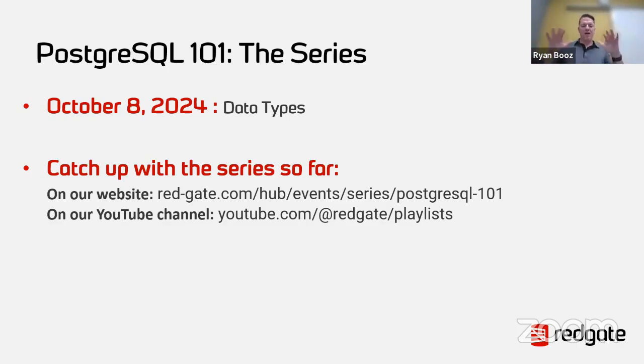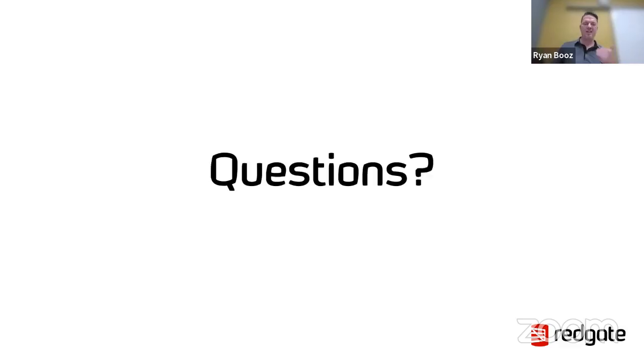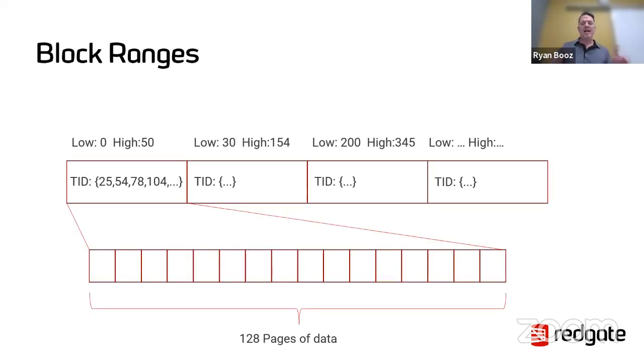However, if I have that 128 block, I'm going to scan back here really quickly. I have these 128 pages, and right now that reference in the index says that in this grouping of 128 pages, the low value is 0 and the high value is 50. Well, if a value on one of those pages is changed, and now the high value might be 75, that index is no longer correct. It will get cleaned up quickly, just not immediately.